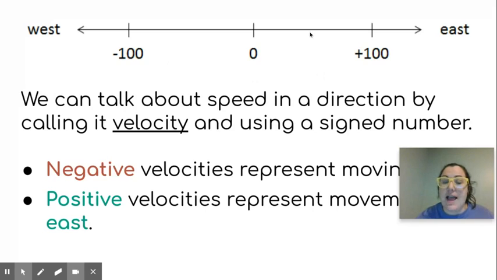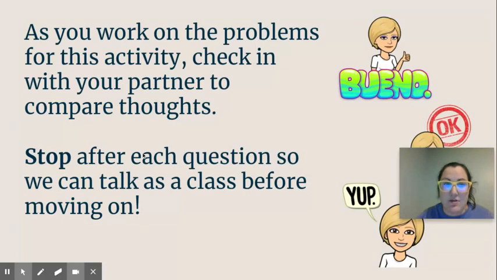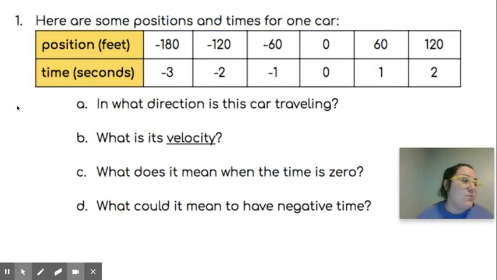And so with the activity we're going to be working on, any positive number is east, any negative number is west. Okay. So what I would like for you to do, I'm wanting you to focus on question number 1, question number 2, and question number 3.